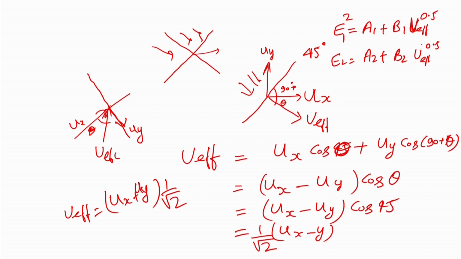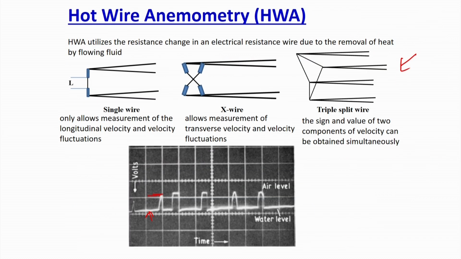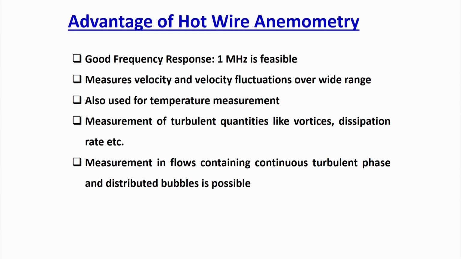This U effective can be written based on which wire we are talking about, the upward wire or downward side wire, that is plus 45 or minus 45 wires. We can replace the U effective from here, and do the calibration, one for this wire, another for this wire, to get the constants. So, you will have 2 calibration curves, that is why it becomes typical. In a triple wire, you have to do it 3 times. So, you can have different wires to measure all the direction velocity, the basic principle again remains same.